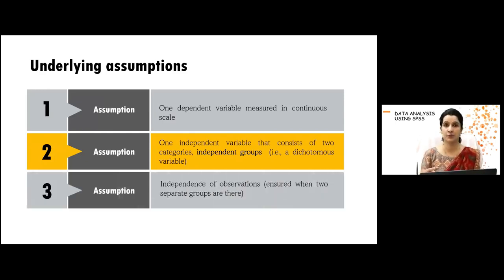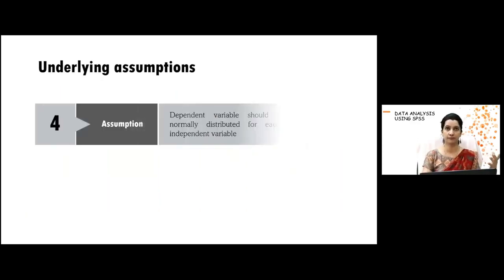The third assumption is that there should be independence of observation. We have discussed that if there are two separate groups, then this criterion is met, because if somebody is in one group, he cannot be a participant in the other group. That is what we mean by independence of observation.